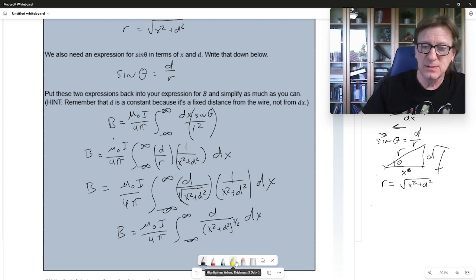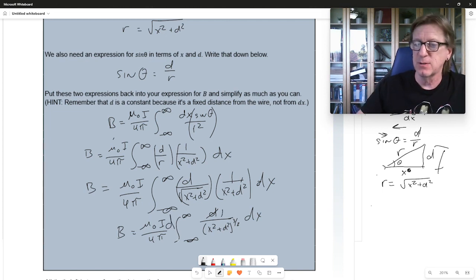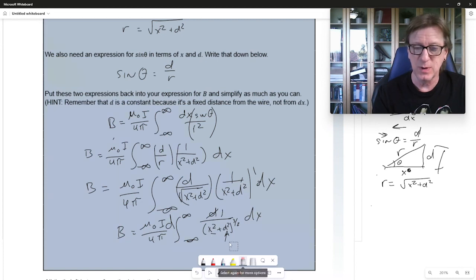Take a look at that. Now what can I do with the d in the top? Well, I can pull that right out, right? This is a constant, so I can make that 1 and I can put my d right here. Can I pull this d out? No, I can't, because it's in this parenthesis right here, so it's intimately tied up with the x squared here.